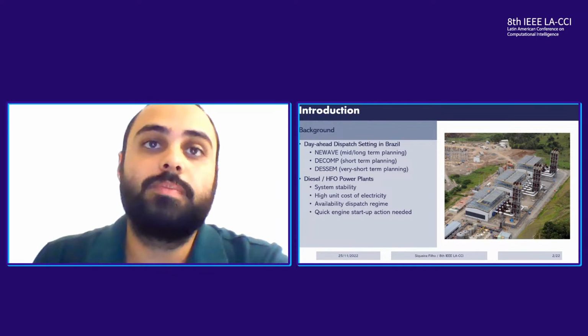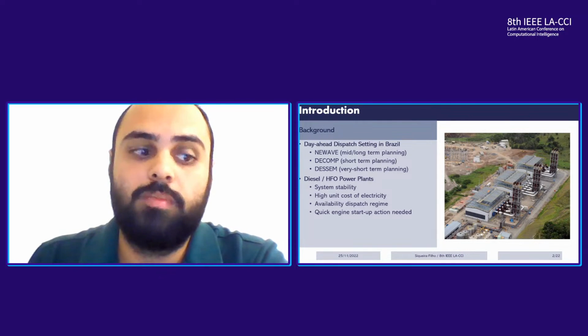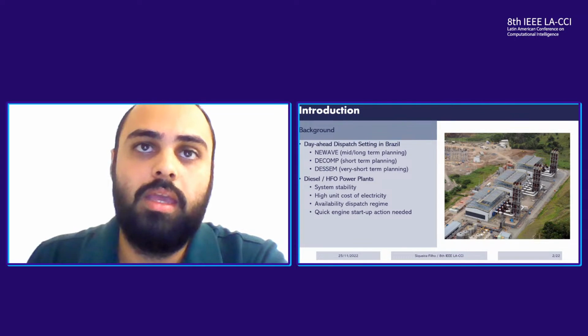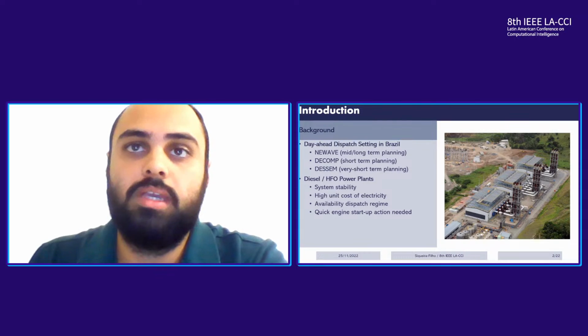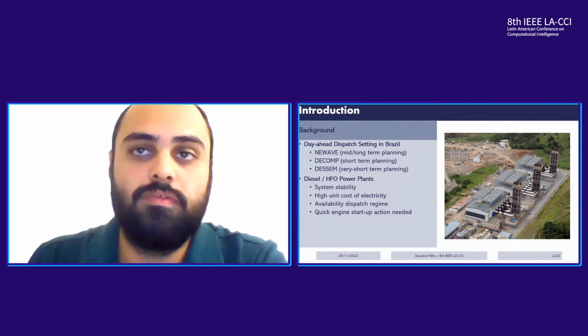So the responsibility of each thermoelectric power plant to guarantee an optimal operation has become really challenging. And it's even more challenging for diesel and HFO thermoelectric power plants due to a high unit cost of electricity and because of the system that requires quick actions in case of an emergency situation.